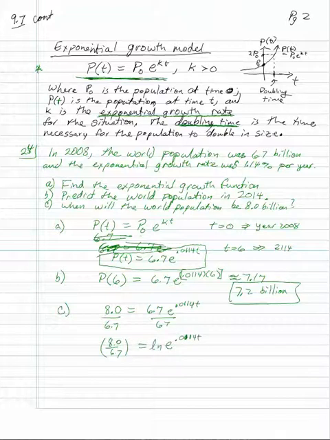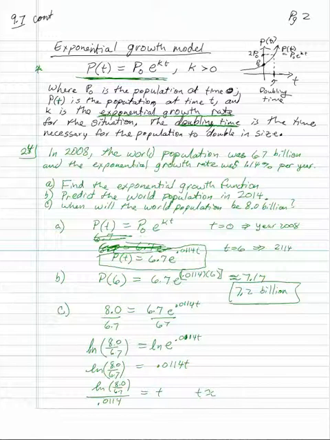The ln and e cancel each other, so I get 0.0114t, which makes it nice. And then I'm going to divide by 0.0114 on both sides. So t equals ln of 8 divided by 6.7, divided by 0.0114.